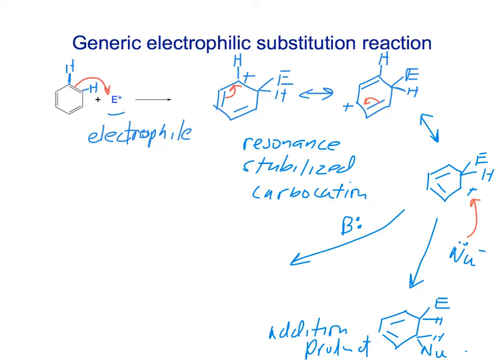So in this case, what happens is this base reacts with the proton that's on the same carbon as the electrophile. Okay? Because that's the sp3 hybridized center right now, and we're going to pull off that proton. Those electrons are going to go down, reform the pi bond, reform the benzene ring.